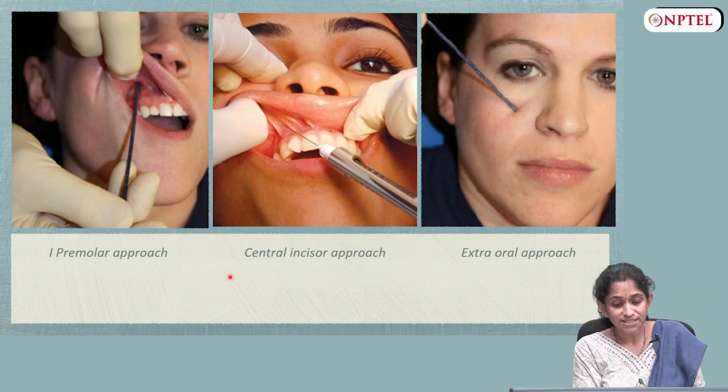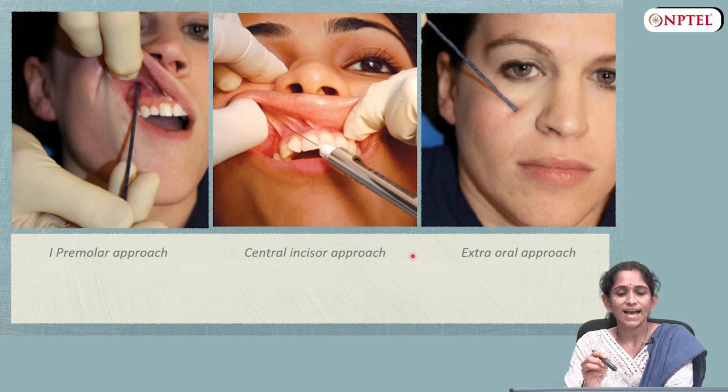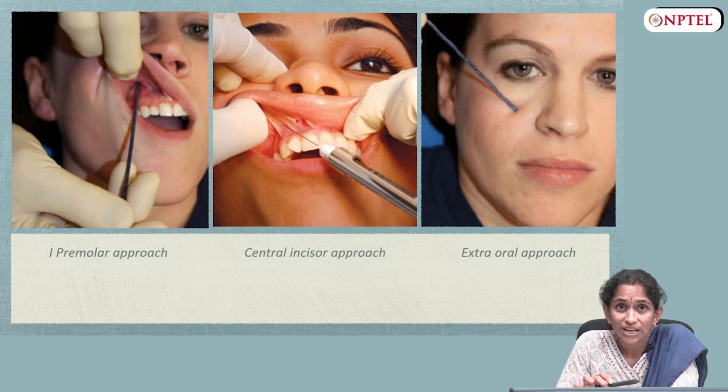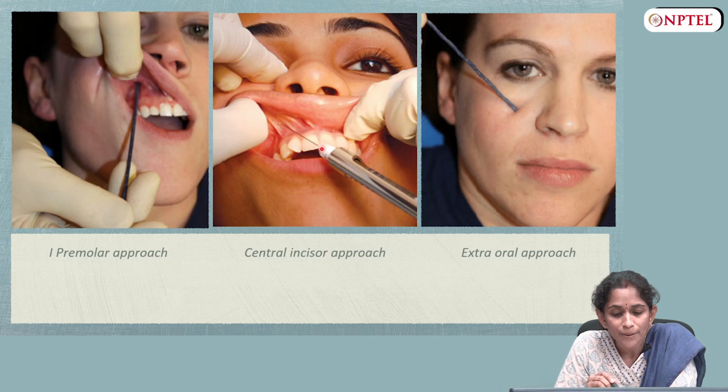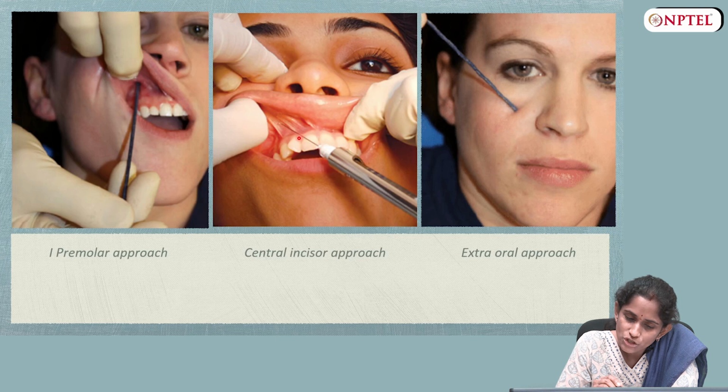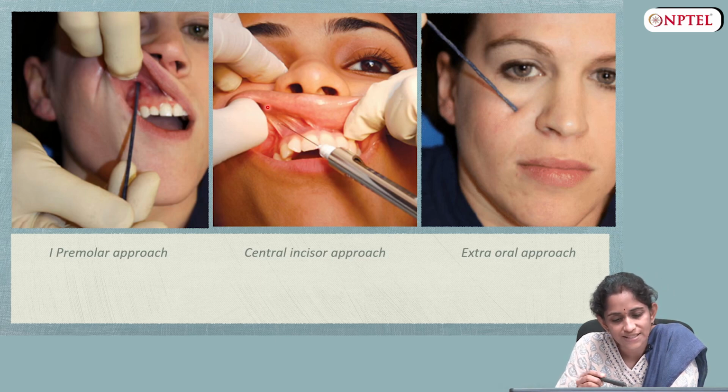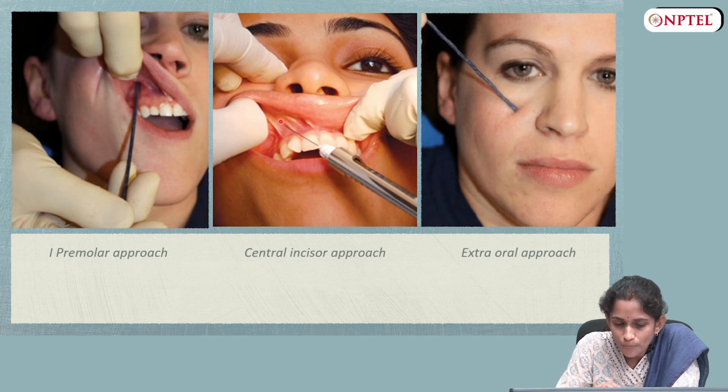The next one is the central incisor approach. As mentioned, you angulate your needle from the mesio-incisal line angle towards the distogingival line angle. That means you are going across the central incisor and entering the mucobuccal fold in the region of the central and lateral incisor.